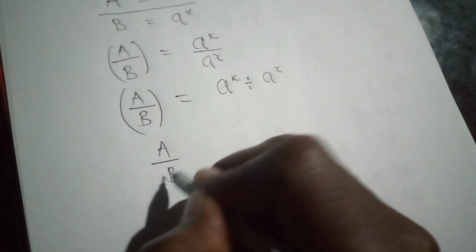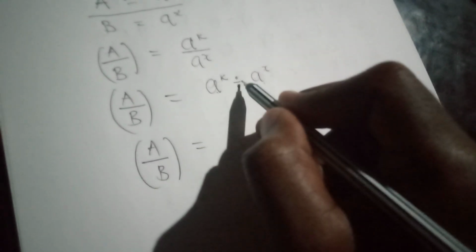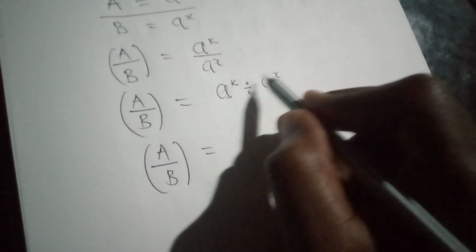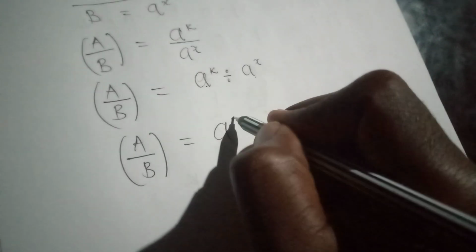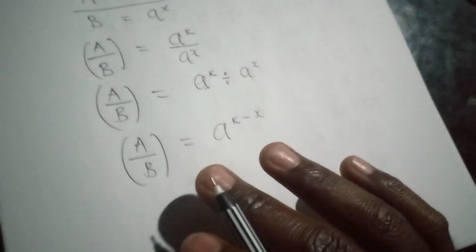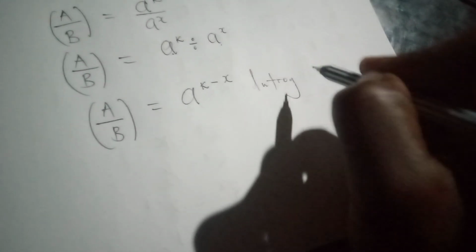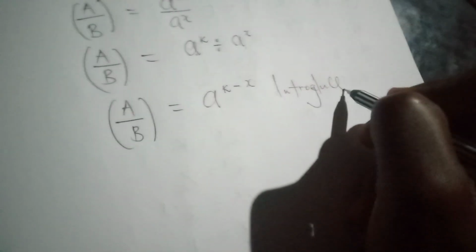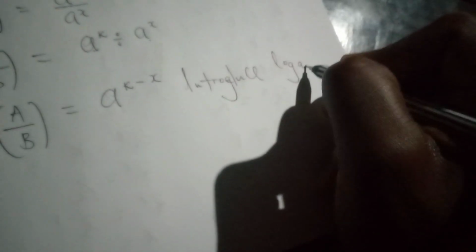That is a over b is equals to, the bases are the same. When you are dividing, subtract the powers. That is a to the k minus x. Now introduce log a to both sides.